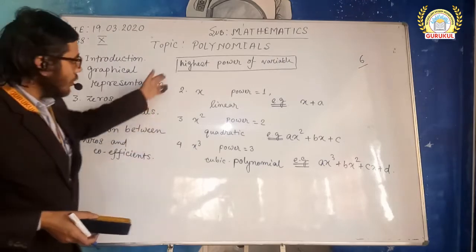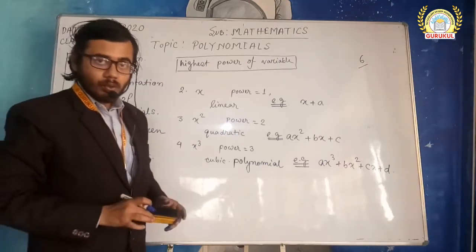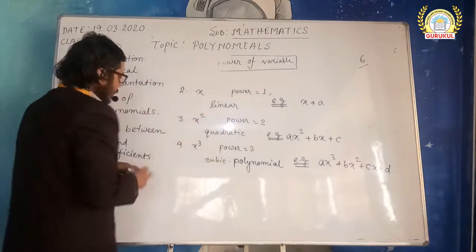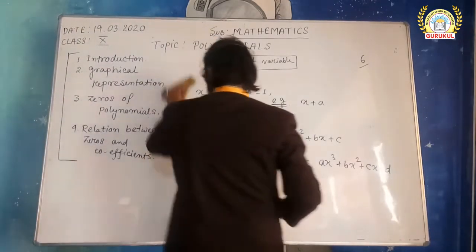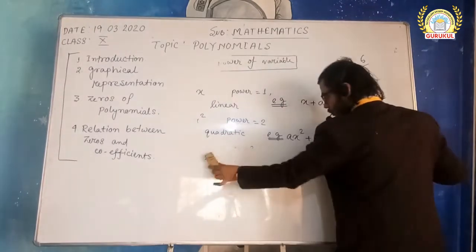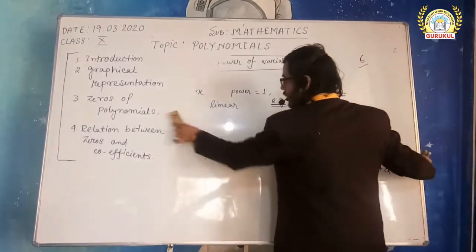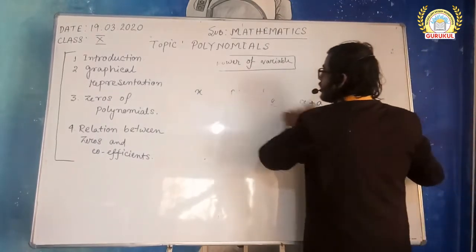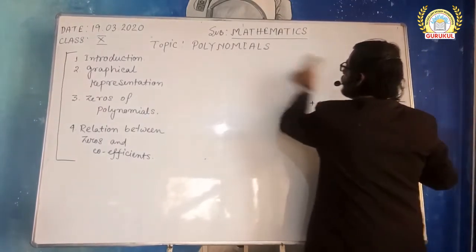But we need to know about this. Up to this you need to know right now in 10th standard. So this is the classification and this is the introduction for the polynomial. So what we learned about the introduction of the polynomial. Polynomial is an expression.